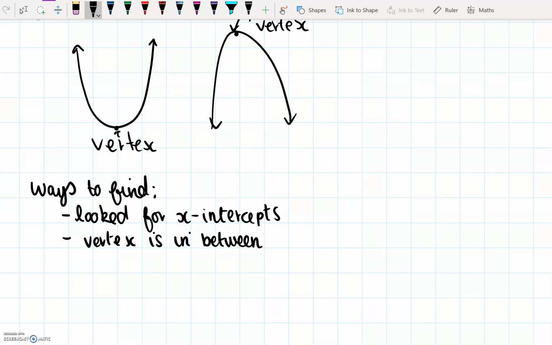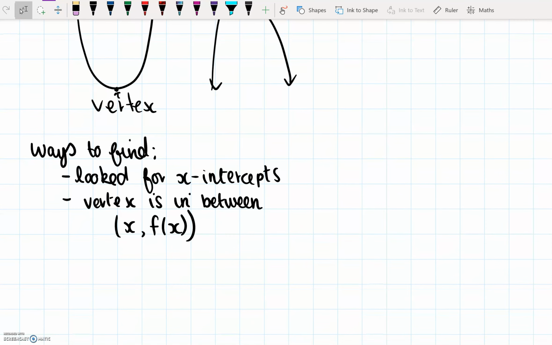So you find the x of the vertex, and then the vertex is going to be the x and then the function of x. Okay, now the second way that we did this, so this was method 1.